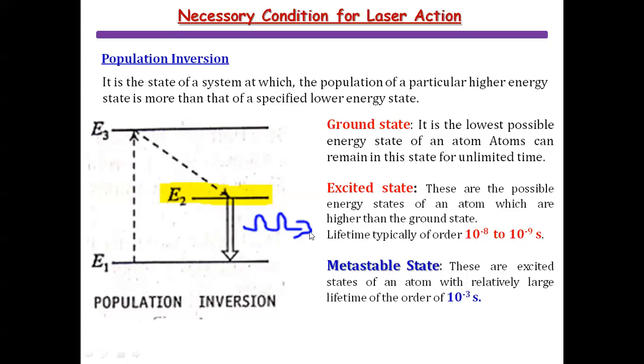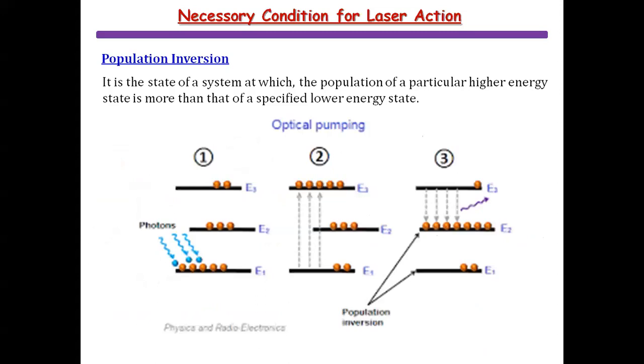Now let us move forward. Population inversion can also be explained in this way. We have three energy states. E1 is the ground state, E2 is the metastable state, E3 is the excited state. Whenever I use photons as a pumping device, the photons will be absorbed by the ground state atoms, and the atoms will go to the ordinary excited state E3.